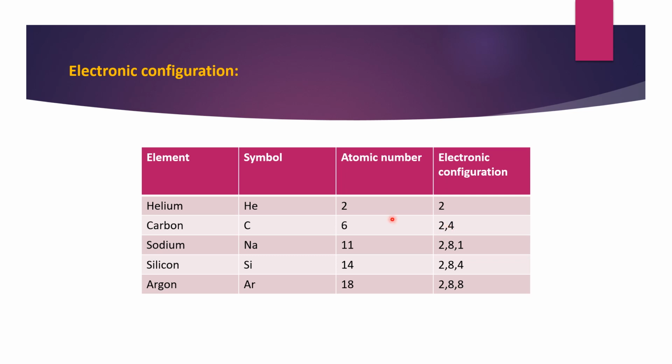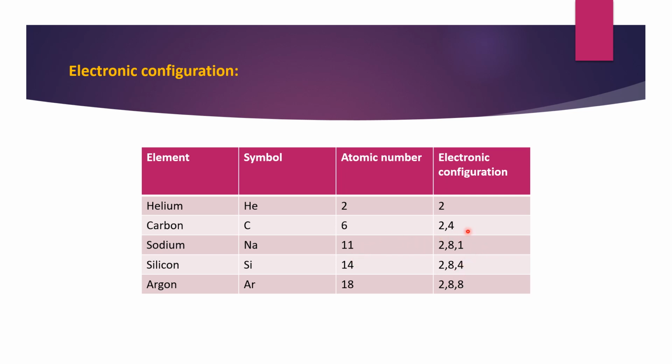One more example I'll give you, sodium, whose atomic number is 11. So always remember, the first shell takes 2 electrons. So in the first shell we have given two electrons. The atomic number is 11, meaning the total number of electrons is 11. Out of 11 we have given two in the first shell. That means 9 electrons remain.